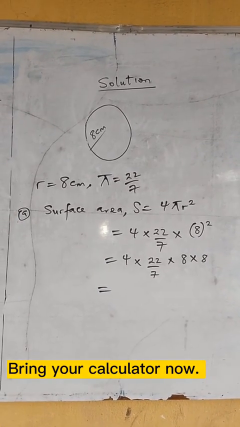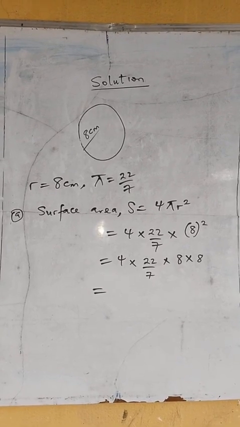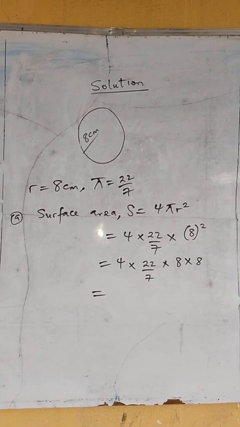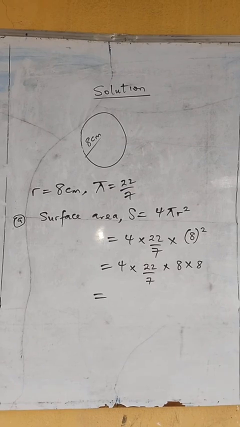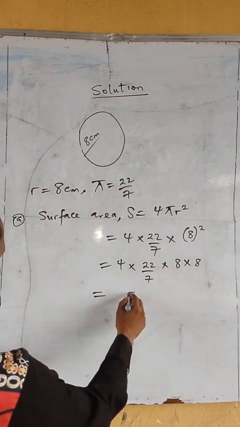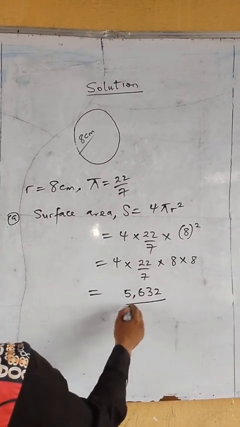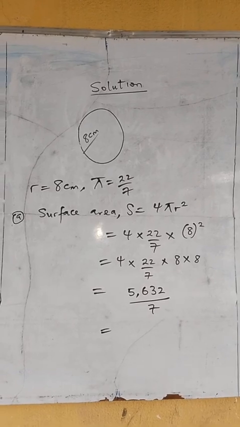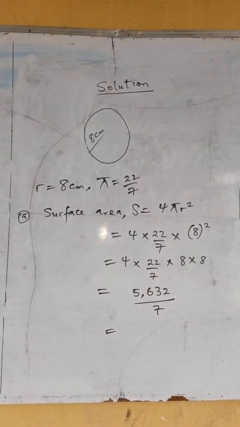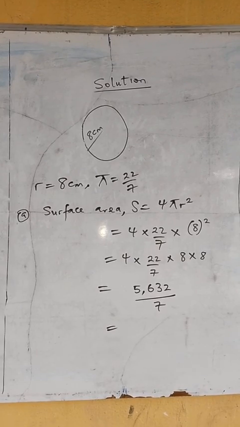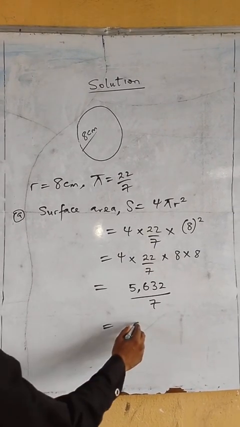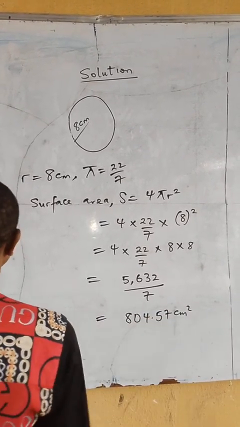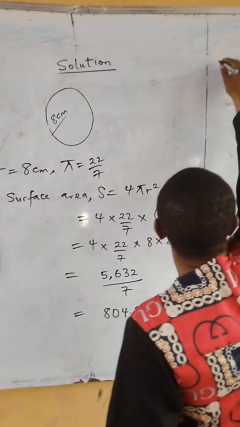So by the time you multiply 4 by 22 by 8 by another 8, you are going to have 5,632. Then you divide the result by 7. So 5,632 divided by 7 will give us 804.57 centimeter squared.